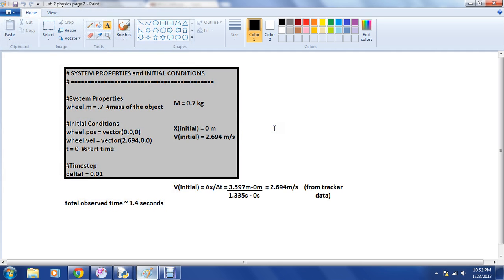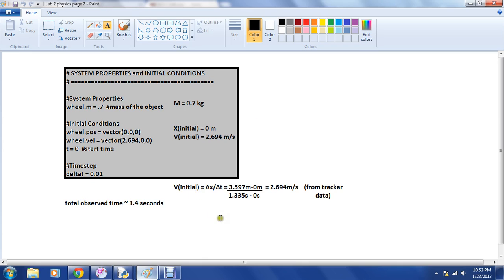And here's the model. The mass of the wheel is about 0.7 kilograms. That was looked up. That's about the average for a standard bike tire. The initial position, since it started at the origin, is 0, and the initial velocity, which is also the average velocity since it's in constant motion, was calculated to be 2.694 meters per second.